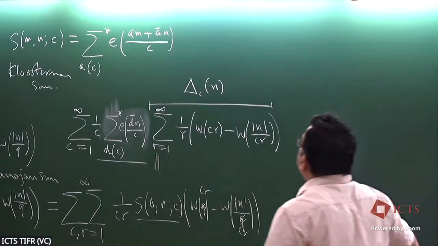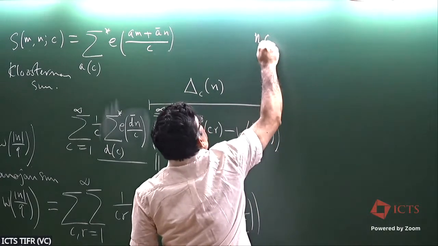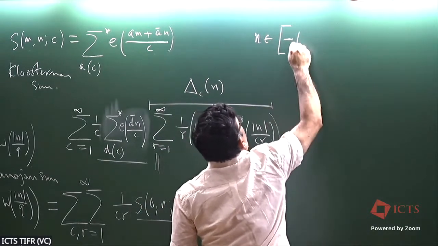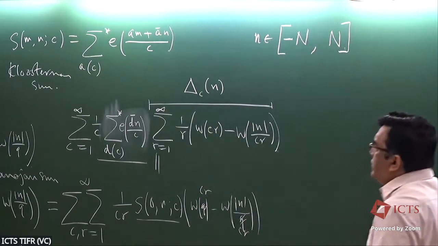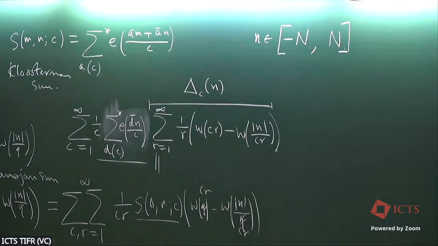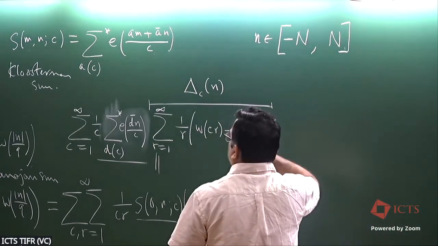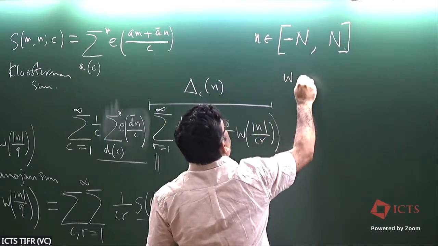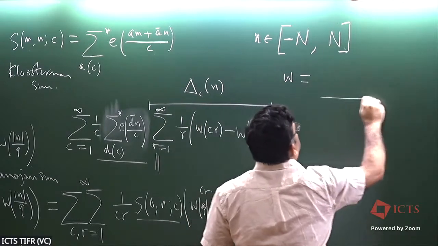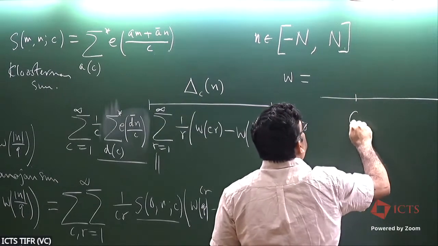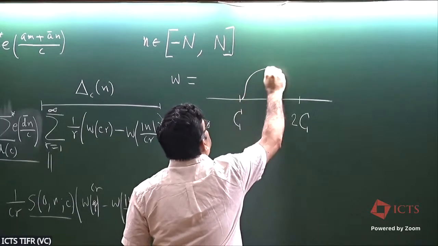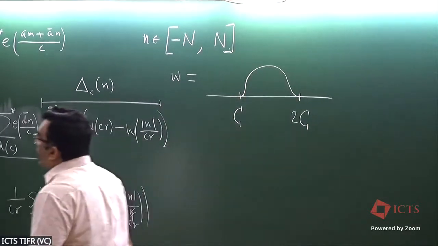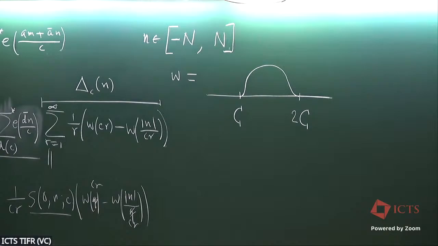So I'll be taking this integer n in a certain interval from minus N to N, because we're not interested in what's happening outside this range. And then I'll take w to be a smooth bump function supported between a parameter, say capital C, and twice capital C. Okay, so it's something here, still satisfying this property over here, that the sum is 1.